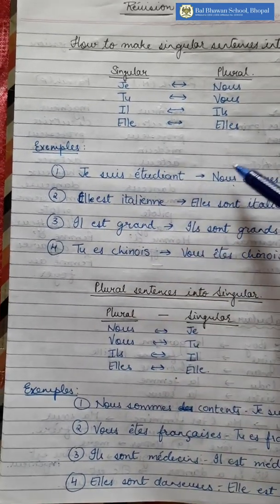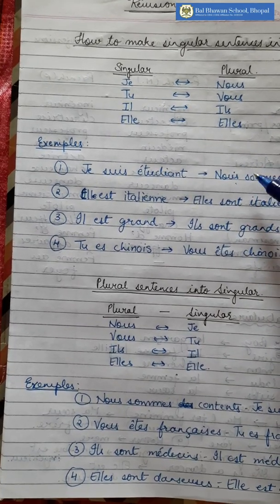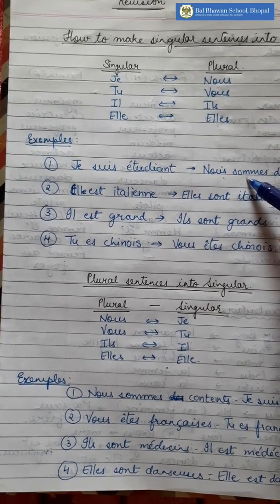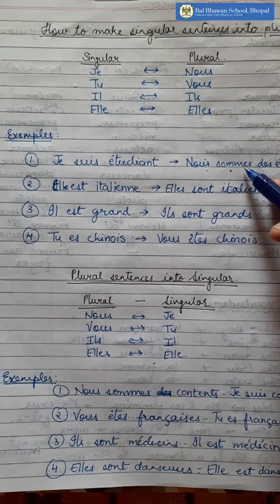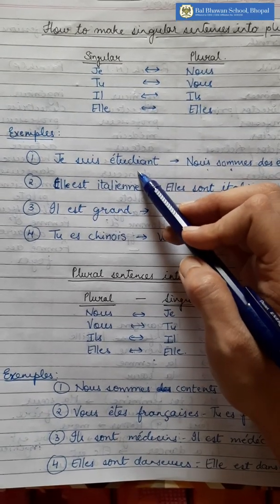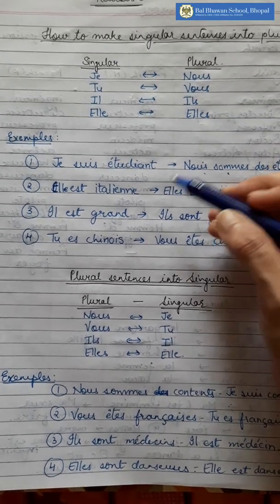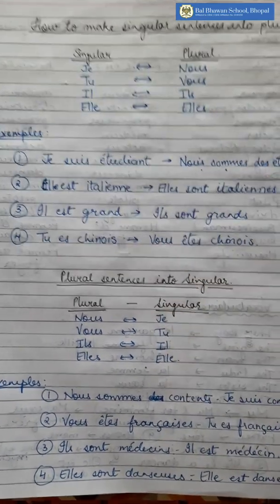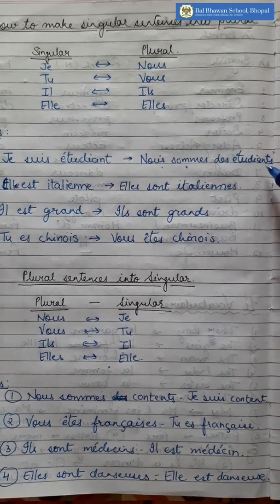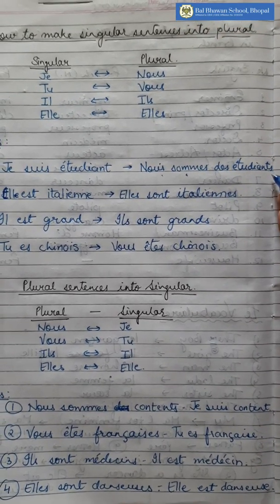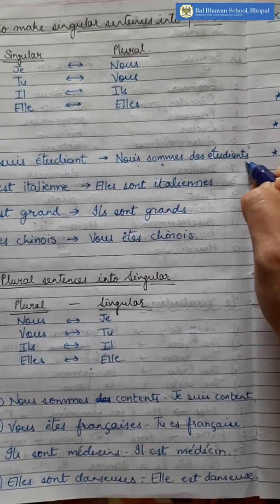So if we are using nous here, we will write the conjugated verb of nous. Okay, so it will be nous sommes. Okay, then one student was there, one से ज़्यादा या more students हैं, then we will use they. Okay, so we will write they and then étudiants with s because it has become plural.